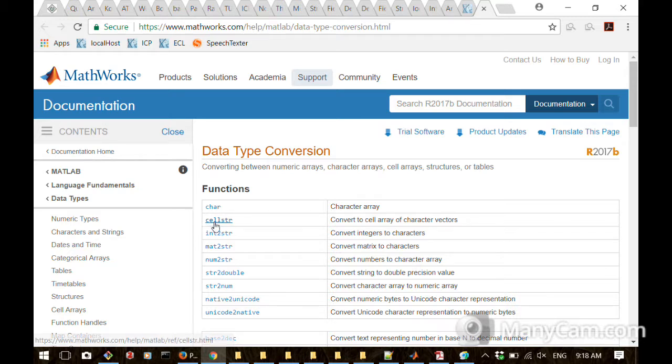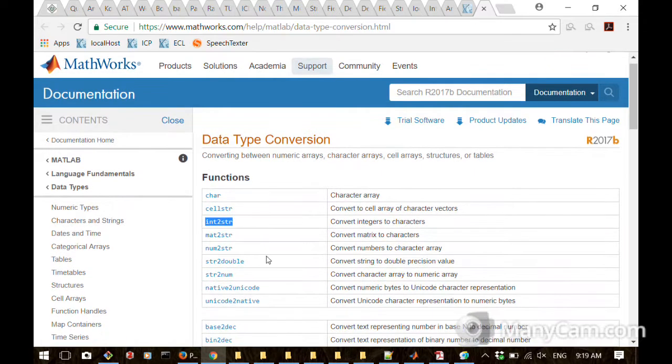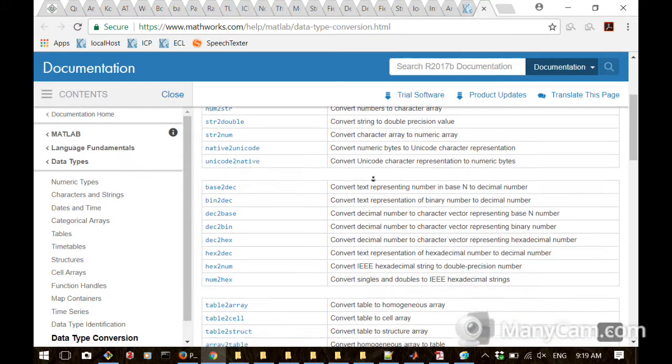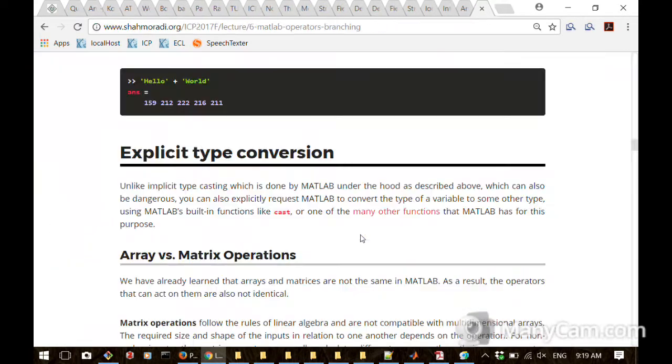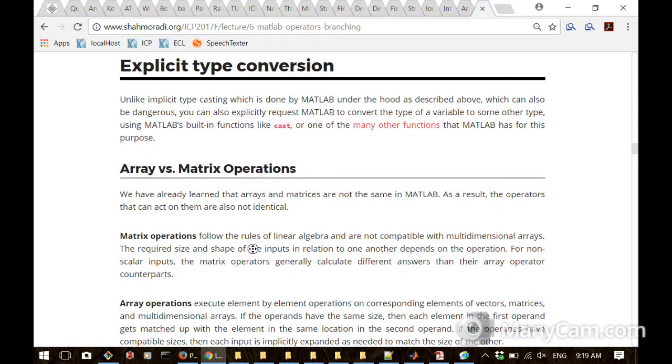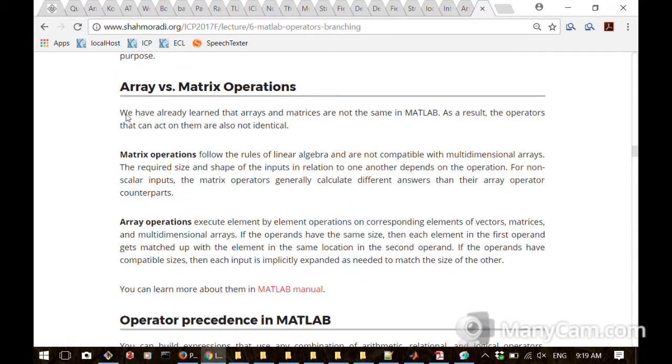The names of the functions are very clear. So it says convert a cell array to a string, convert an integer to a string. The most useful are probably int2str, num2str. These are the most useful ones that I use always myself. And str2num. But you can get a long list. So yeah, there's a long list of them here. You can click on this link and look at them. I don't want you to memorize them, but just know that they exist.